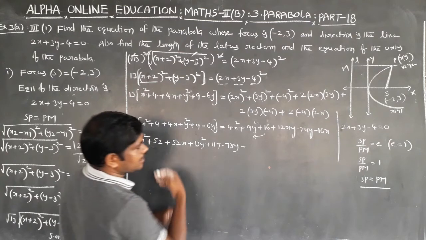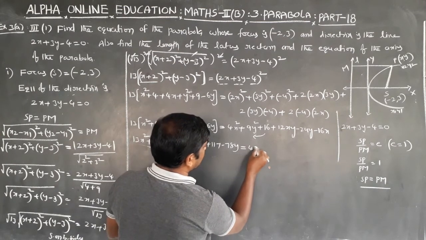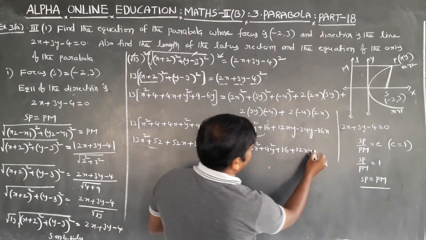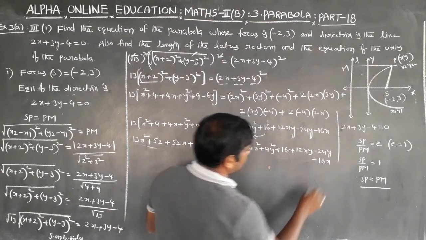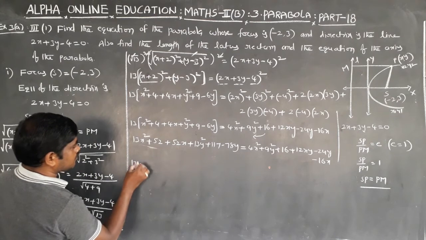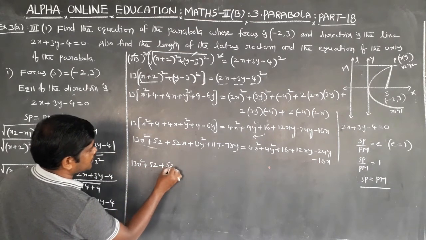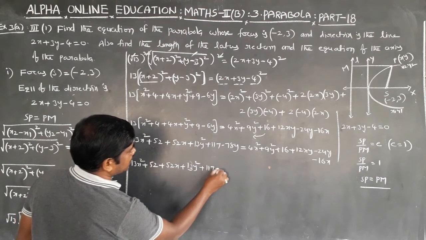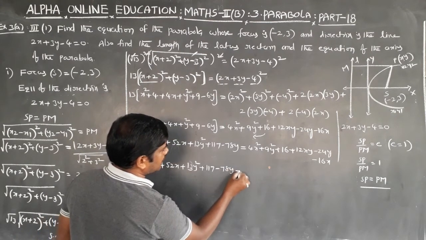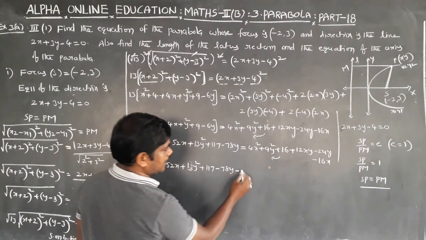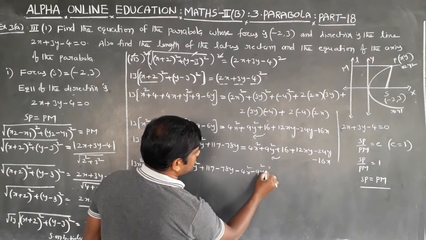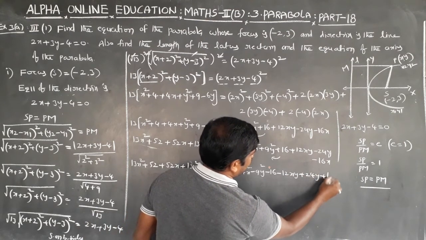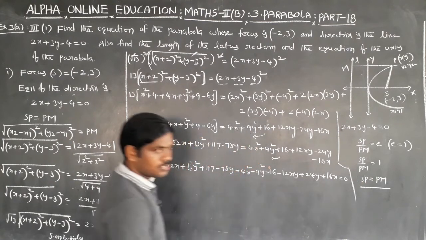This total value, taking to the left side: 13x square plus 52 plus 52x plus 13y square plus 117 minus 78y, minus 4x square minus 9y square minus 16 minus 12xy plus 24y plus 16x equal to 0.